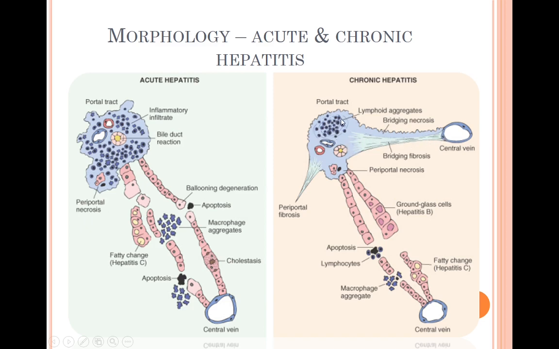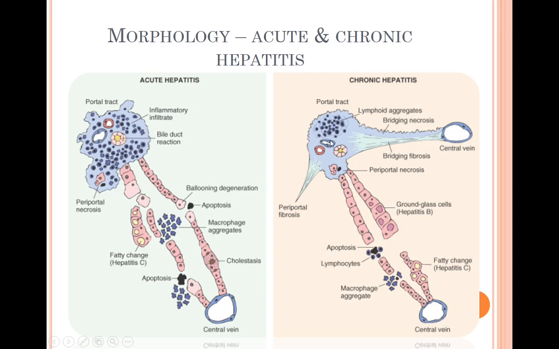So from the portal tract to the central vein, if there is necrosis of the hepatocytes, that becomes replaced by fibrosis. Bridging means a bridge from portal tract to the central vein, that's a bridging necrosis, which becomes replaced in the long run by bridging fibrosis. So these are the two main important differences between acute and chronic hepatitis.